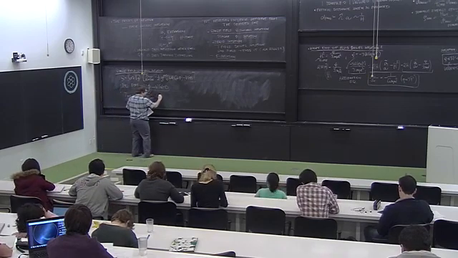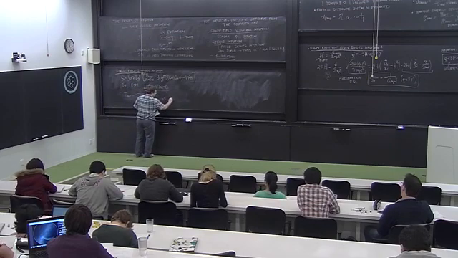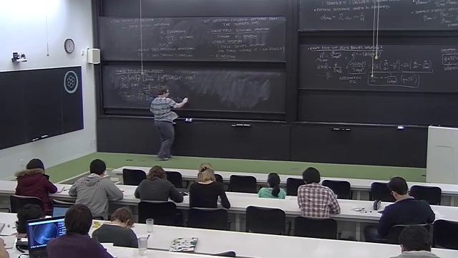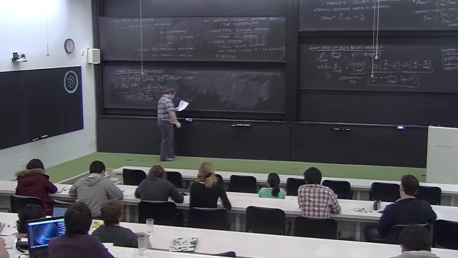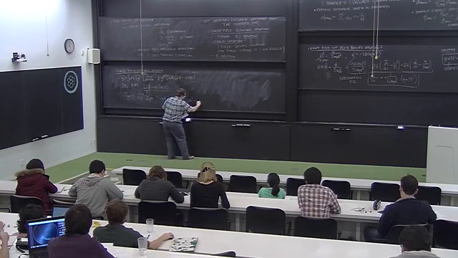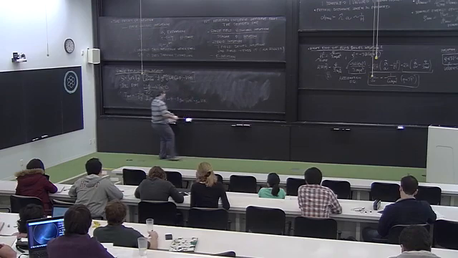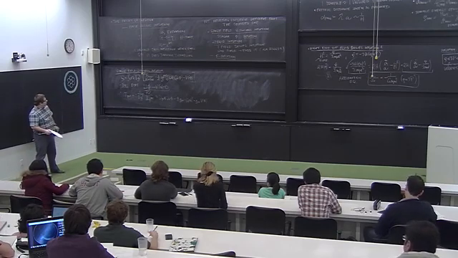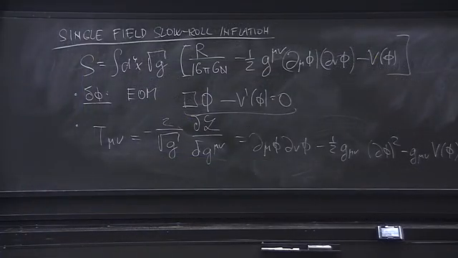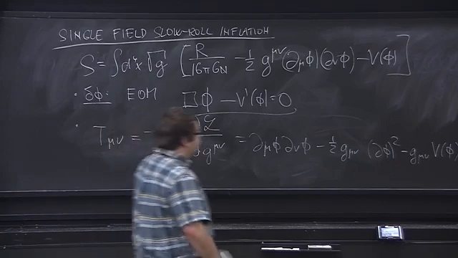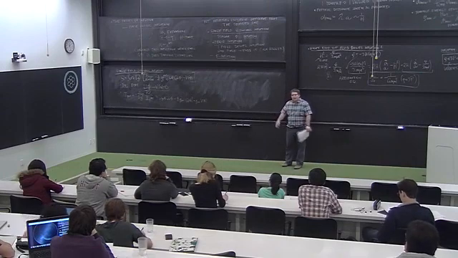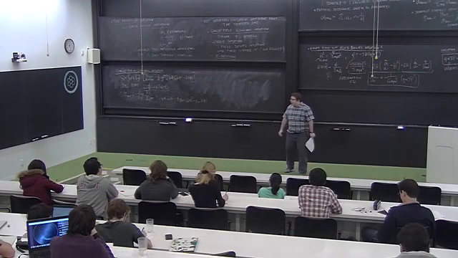And it's given by d_mu phi d_nu phi minus 1/2 g_{mu nu} (d phi)^2 minus g_{mu nu} times V of phi. If you plug it in, I just have to differentiate with respect to the metric, and this is what you get. Now, interestingly, this looks like a strange T_{mu nu}, but this is only a special case of a T_{mu nu} of a perfect fluid.